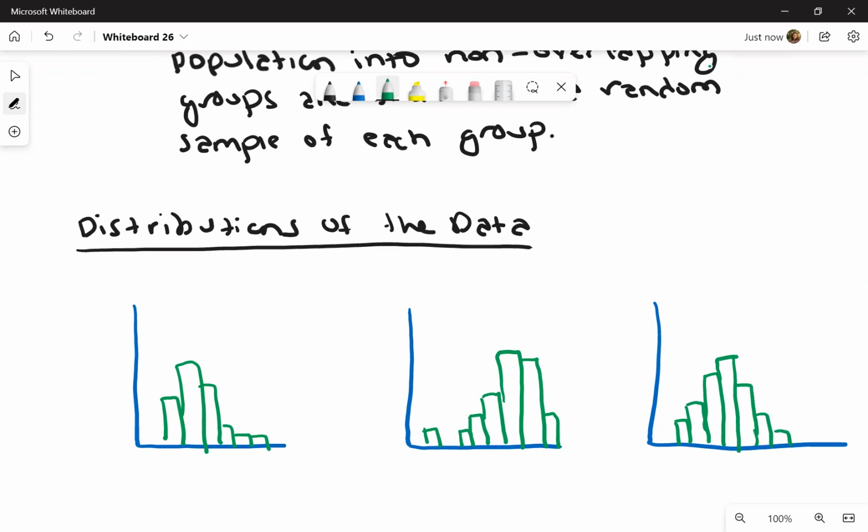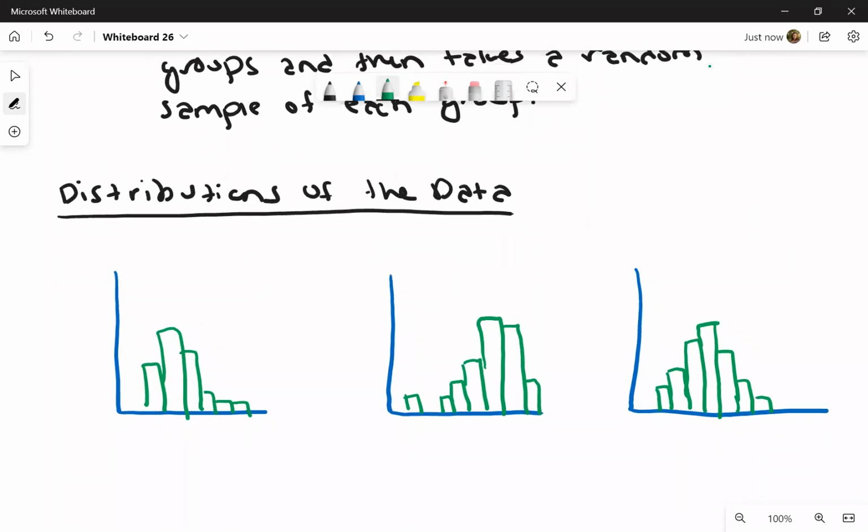Okay. So the idea is the first histogram that we see shows that the data is kind of clumped on the left side, right? The data is clumped to the smaller part of the distribution. In the middle one, it looks like the data is kind of clumped to the right side. And then the last one, the data looks like it's clumped in the middle. All right, so those have names. So let me go ahead and write those names.